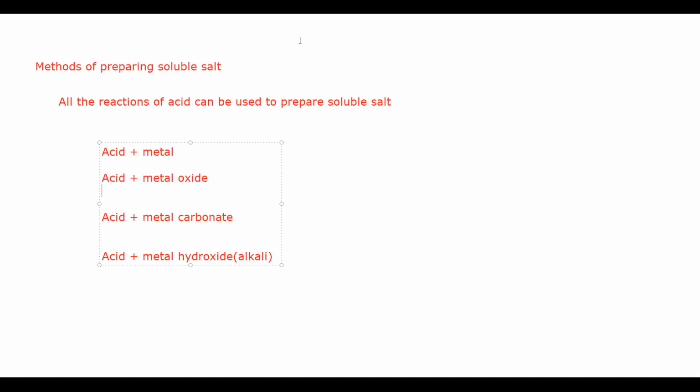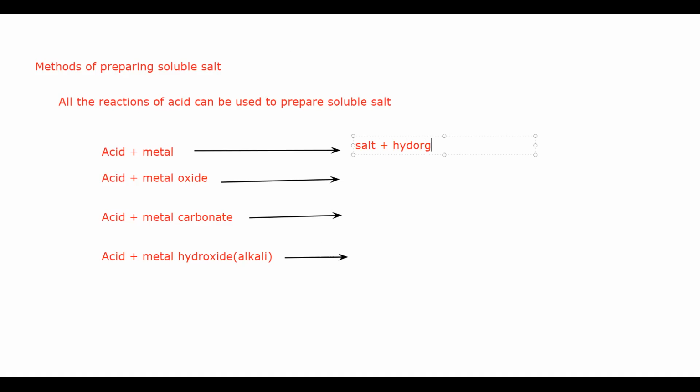When acid is reacting with metal, metal oxide, metal carbonate, and metal hydroxide, the first will result in the formation of salt and hydrogen. The next will result in salt plus water.